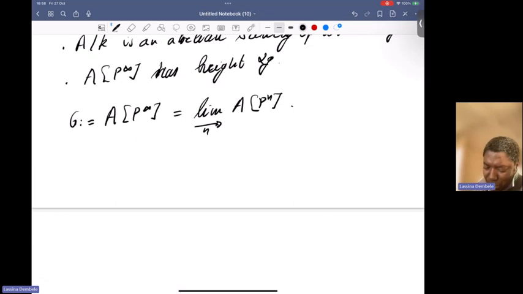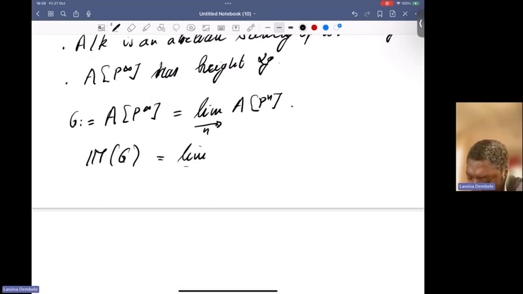And then, as we saw earlier, the Dieudonné module M(G), by construction, is the inductive limit of the Dieudonné modules of each finite module, and we get this. And we saw that there is a connection between this and the Tate module.